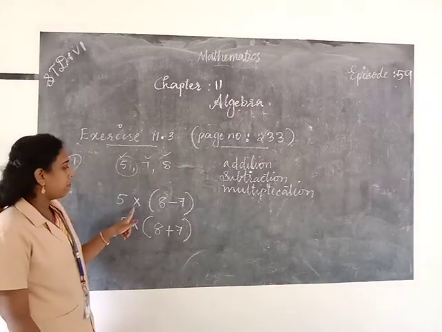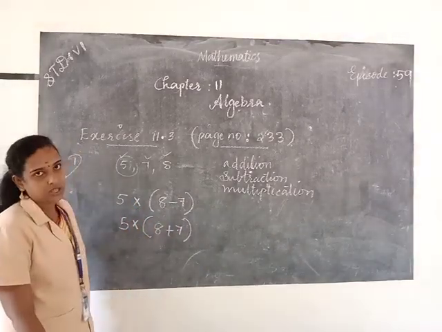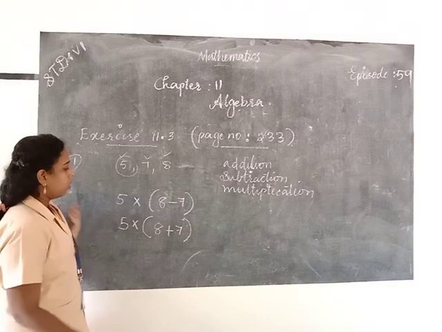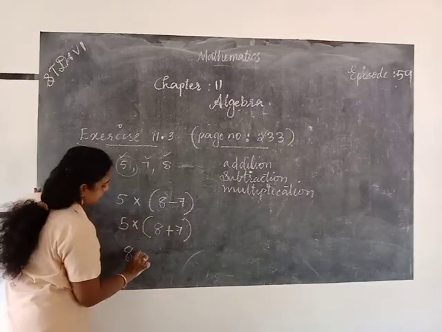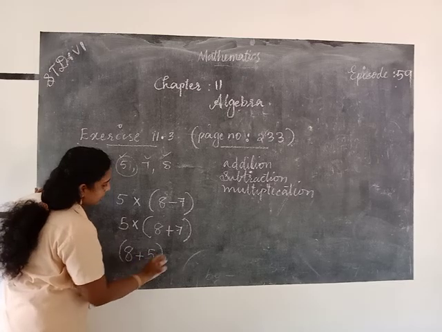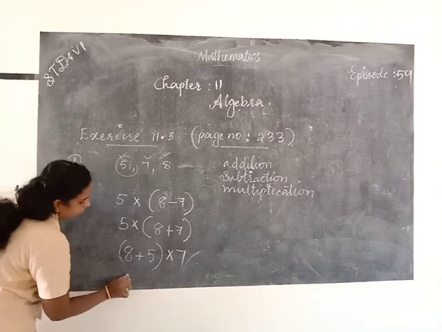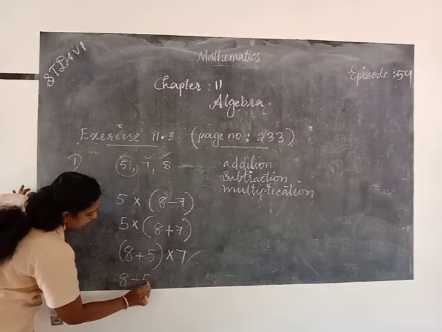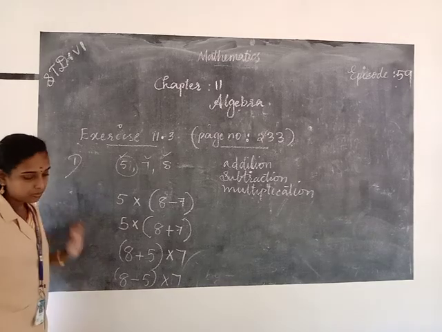Here we use multiplication and subtraction. Here we use multiplication and addition. Then the next one: first add 8 plus 5, then multiply 7 with the result. Then subtract 8 minus 5, then multiply with 7.